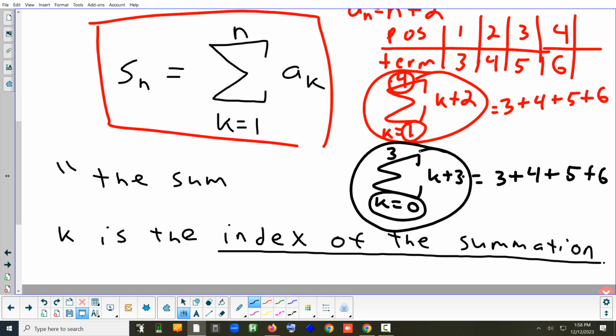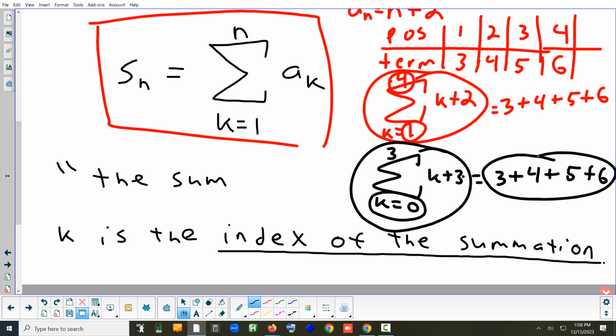It's exactly the same sequence. Yeah, it ends up being exactly the same answer. Do they look exactly the same? No. The formula's a little different. Where you start's a little different, and where you stop's a little different. But everything was adjusted just the way it needed to be so that if you do it out, it comes out the same. So the point here is there's really an infinite number of ways you could write 3 plus 4 plus 5 plus 6.